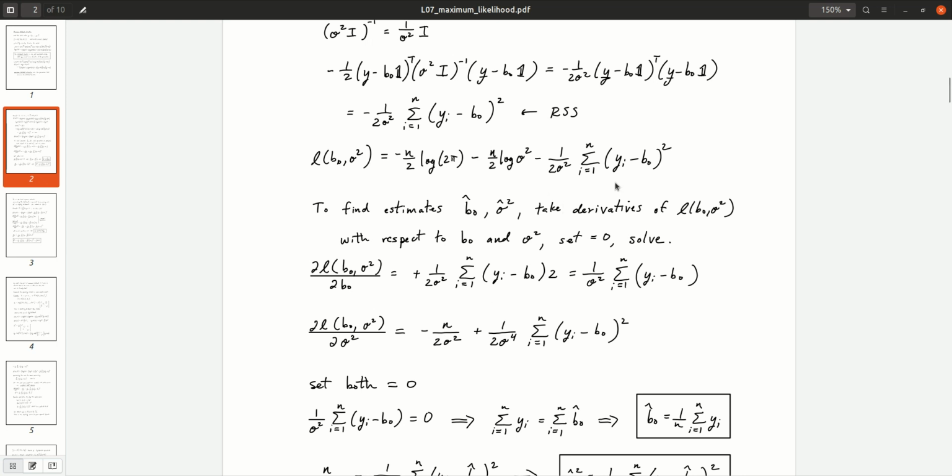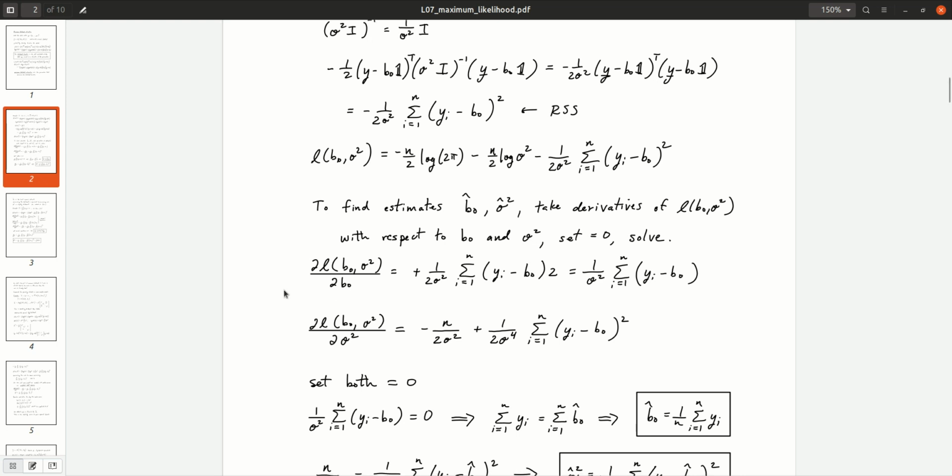And then take the derivative here. We're going to get plus 1 over 2 sigma to the 4th. Remember, we're taking the derivative with respect to sigma squared, so just think about replacing sigma squared with x and taking the derivative with respect to x. The derivative of 1 over x is minus 1 over x squared. So that becomes 1 over 2 sigma to the 4th. And then this part remains.